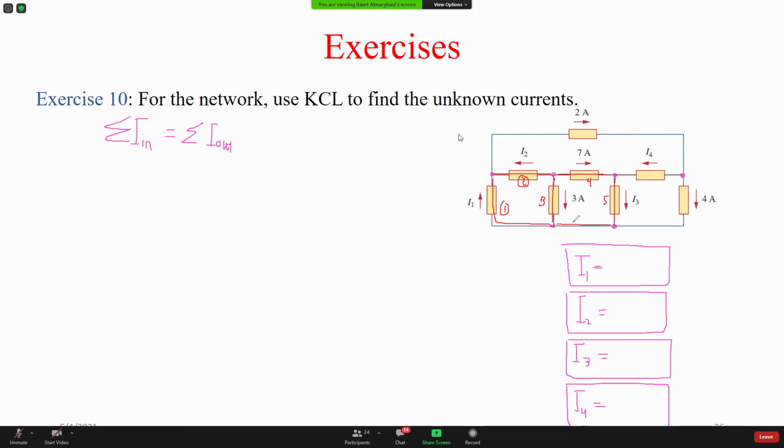This, 6. 7. 8. 9. So 9 branches, right? 1, 2, 3, 4, 5, 6, 7, 8, 9. Did I make any mistake? So I have 9 branches.